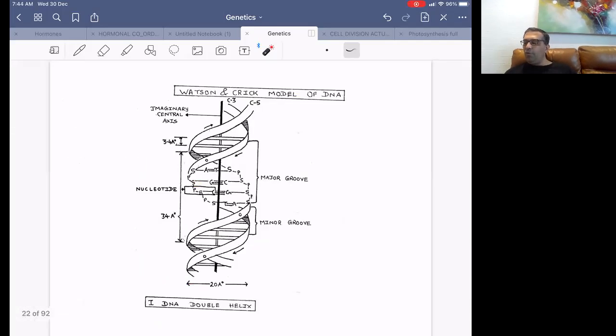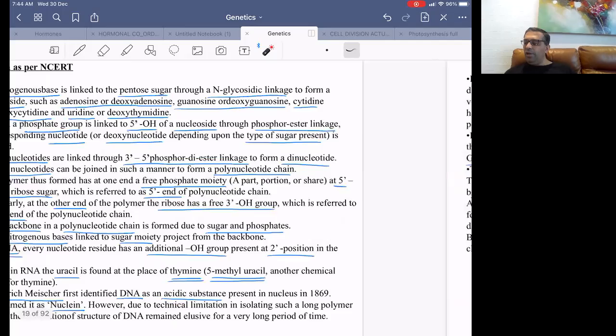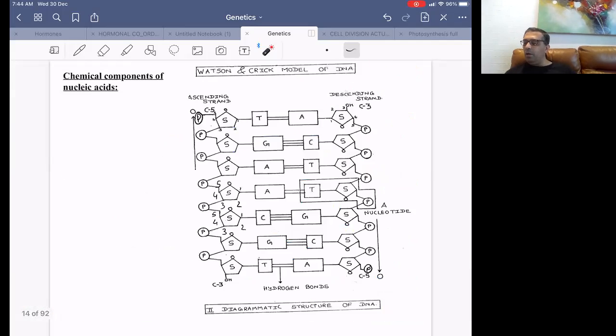Why? If you check here, if you have a purine here, you always have a pyrimidine opposite it. If you have a pyrimidine here, you always have a purine.